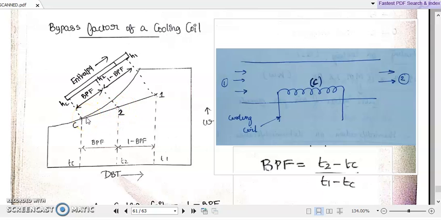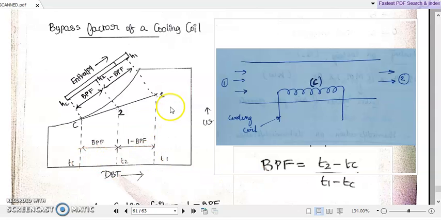The air molecules which bypassed the cooling coil are responsible for this region C2, and the rest of the line 1 to 2 represents those air molecules which actually touched the cooling coil. If we represent it in terms of temperatures, T2 minus TC will be the temperature difference from 2 to C. That represents the amount of air molecules which bypassed the cooling coil.